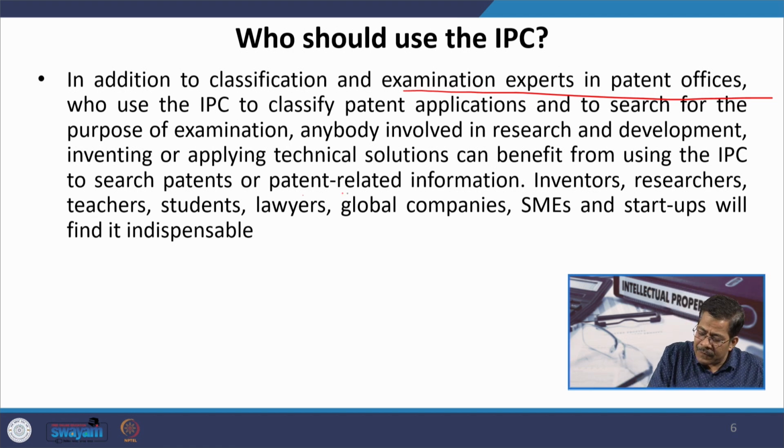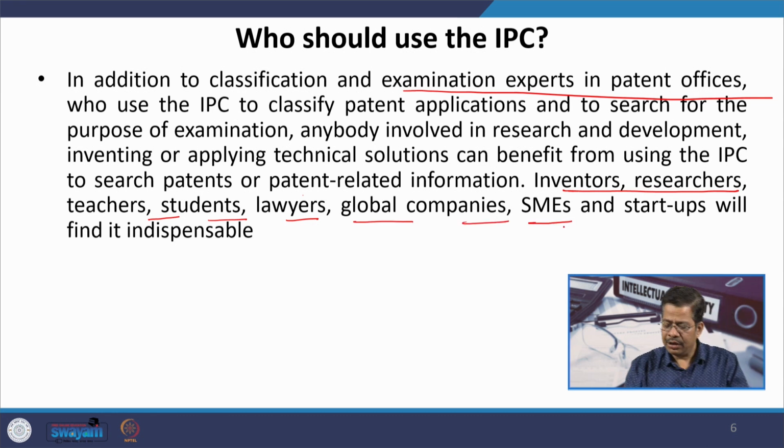This is also used by inventors, researchers, teachers, students, lawyers, global organizations, small and medium enterprises, startups, etc. They are also very regular users of this IPC system because of easy accessibility and easy traceability of patent documents.